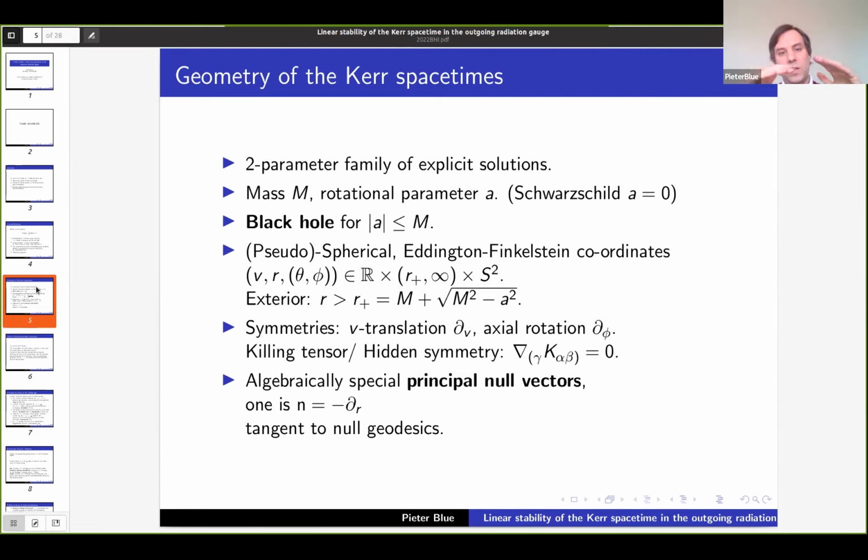In Kerr, they're no longer null hypersurfaces, but the partial derivative with respect to r, that coordinate vector field, remains a null vector field. So if you think about it in 3 dimensions x, y, and t, if you think about the yt plane, d by dt plus d by dy is a null vector field.